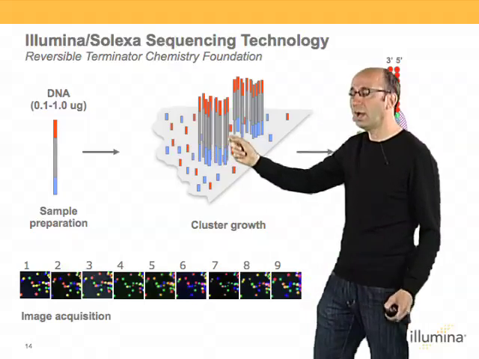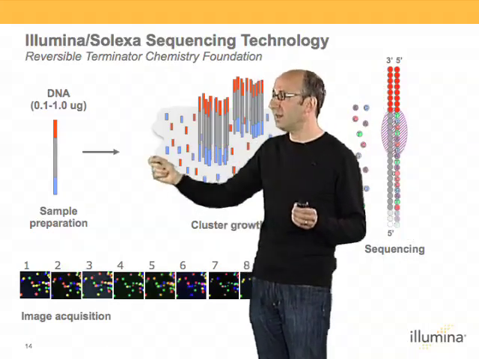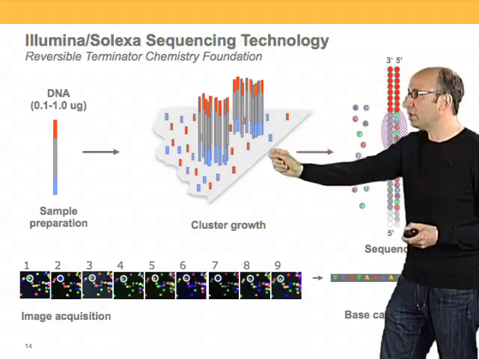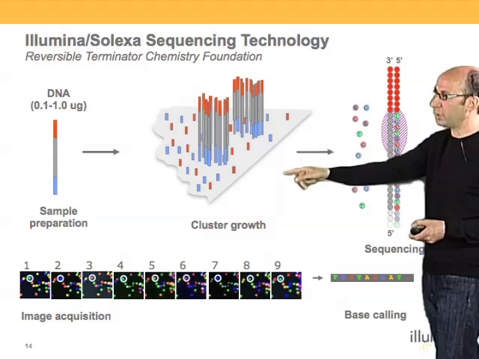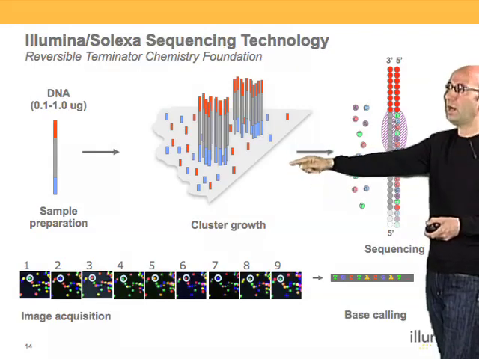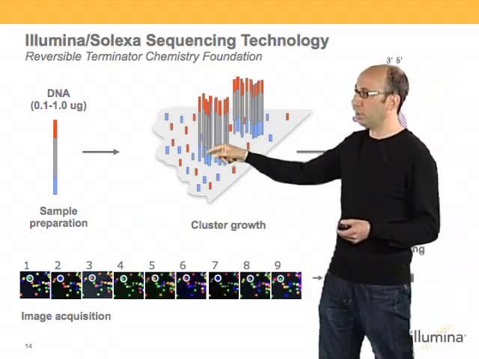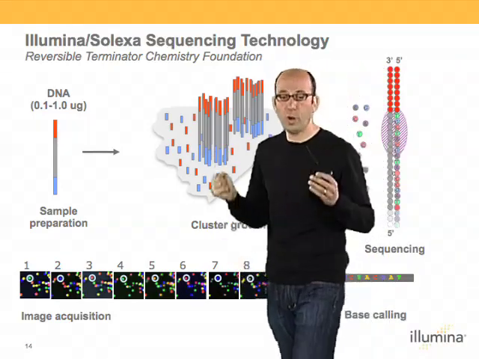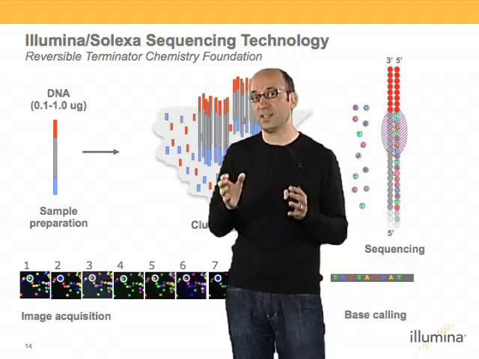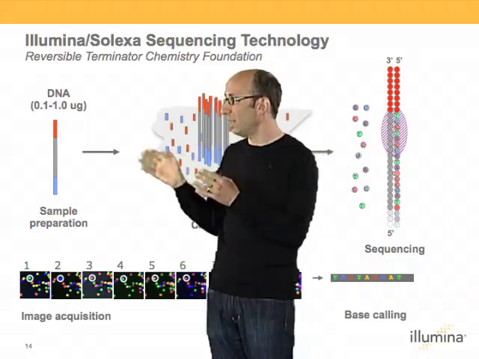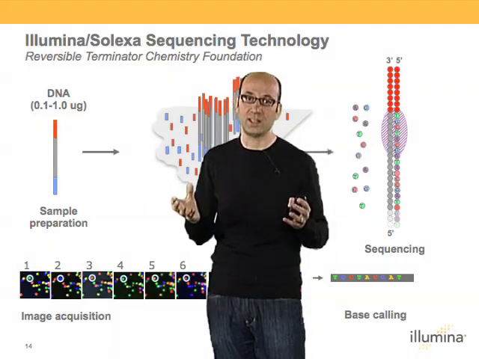And now what makes this approach so powerful is that on a single slide, you could read out the sequence of multiple different clusters just by looking at the color of the spot as you go through the individual cycles of polymerization. And what is really remarkable about this approach is you can get a lot of spots on a single slide. In current form, one can get 100 million different spots on this slide.